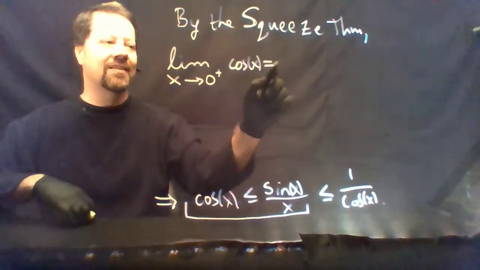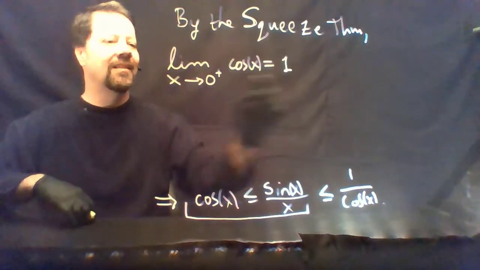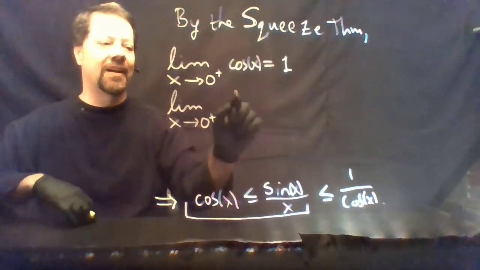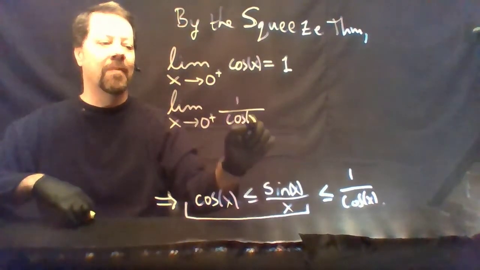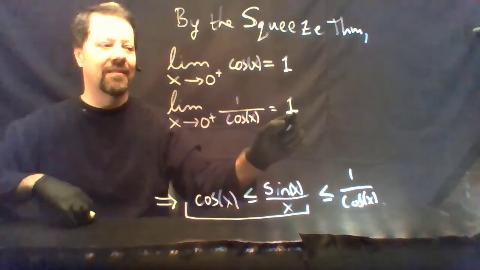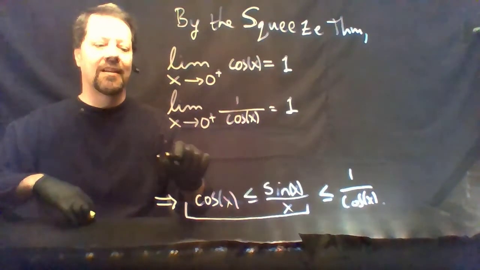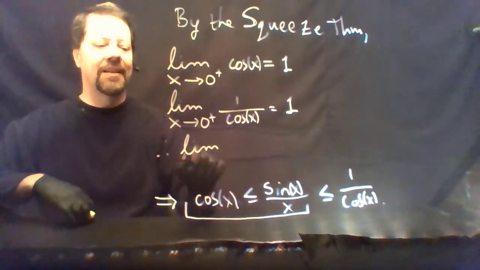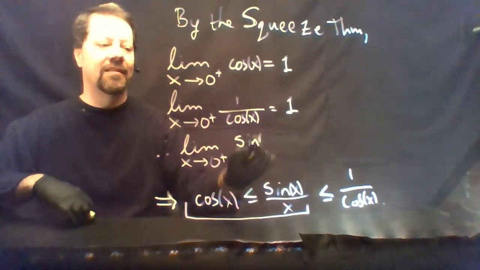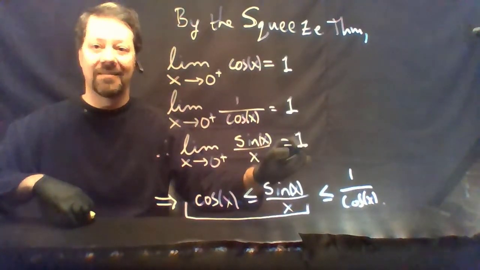Of cosine x is the cosine of 0, which is 1. The limit as x goes to 0 from the right of 1 over cosine of x. Again, cosine of 0 is 1. You get the same limit on the left and the right, and therefore, in the limit as x goes to 0 from the right, sine x over x is 1.